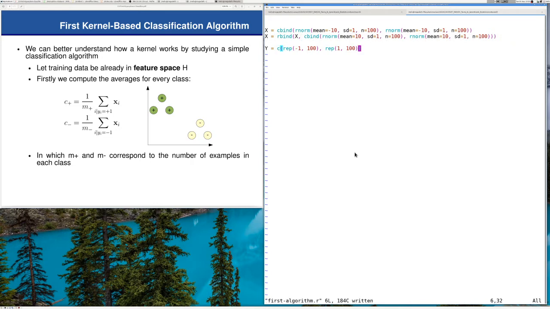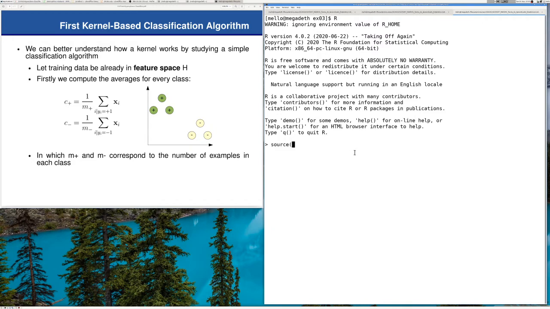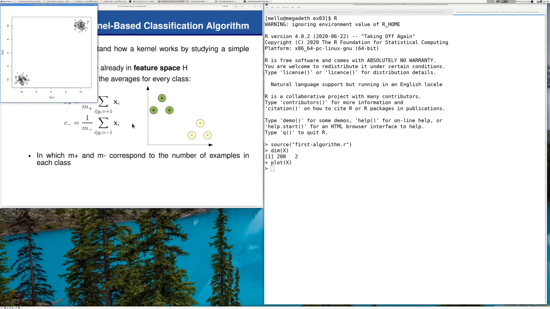I'm going to run this inside R so you guys can see what's going to happen. Of course, I have to load my first algorithm. The dimensionality of X will be 200 by 2, so I have 200 examples, 2 dimensions. If I plot X, I will see 2 bidimensional Gaussian functions.